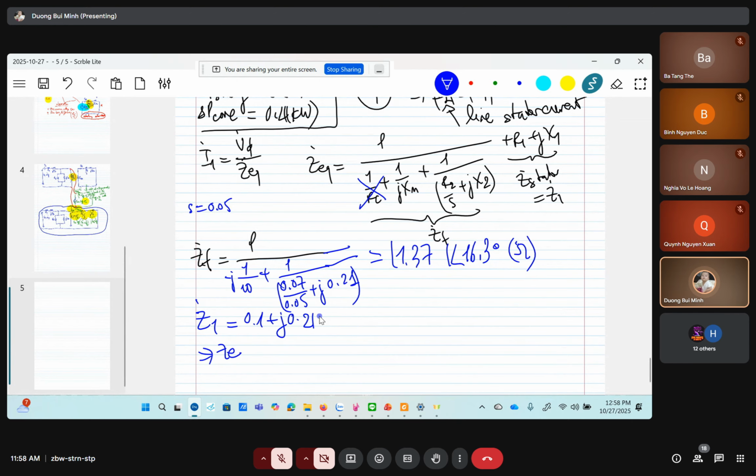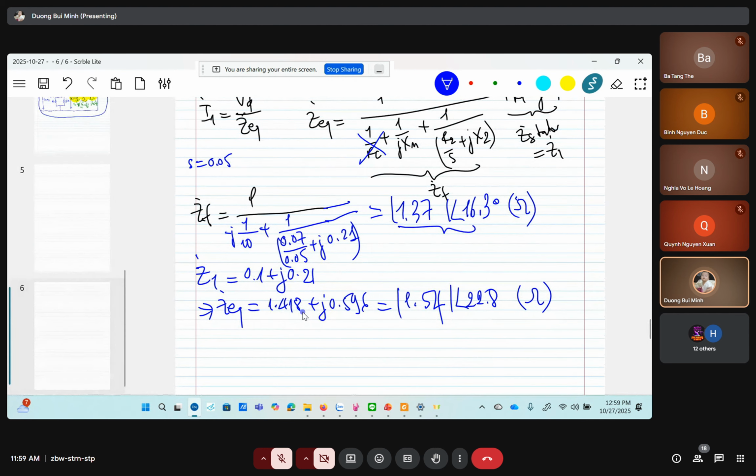So we can get Z_EQ is this one plus this one, and you get 1.41 plus j0.59. In magnitude and phase angle, please help me to double check, 1.54 with phase angle 22.8 degrees.